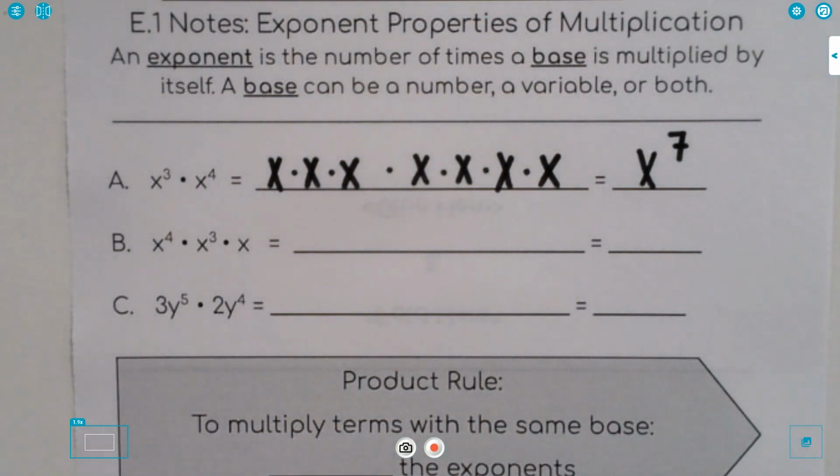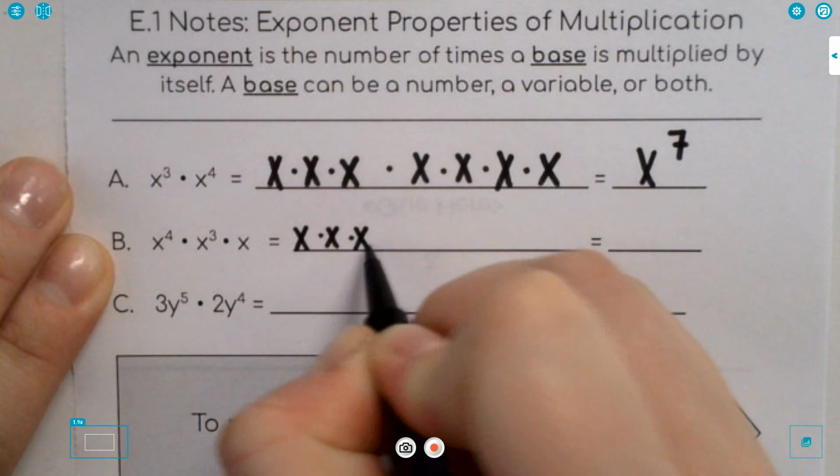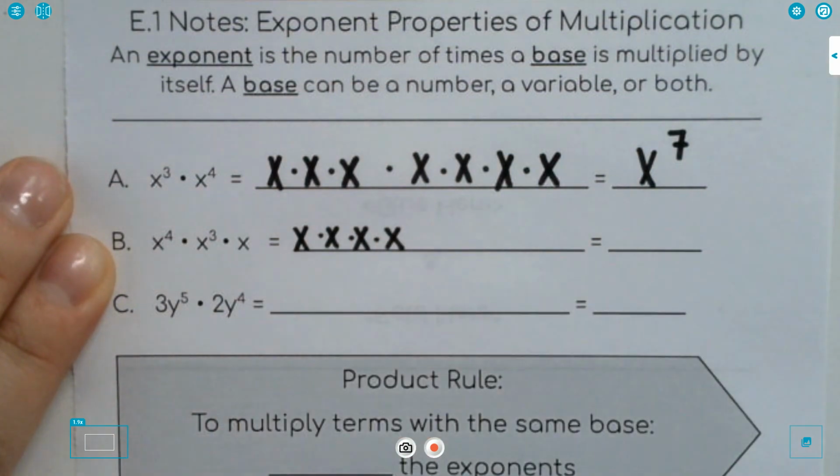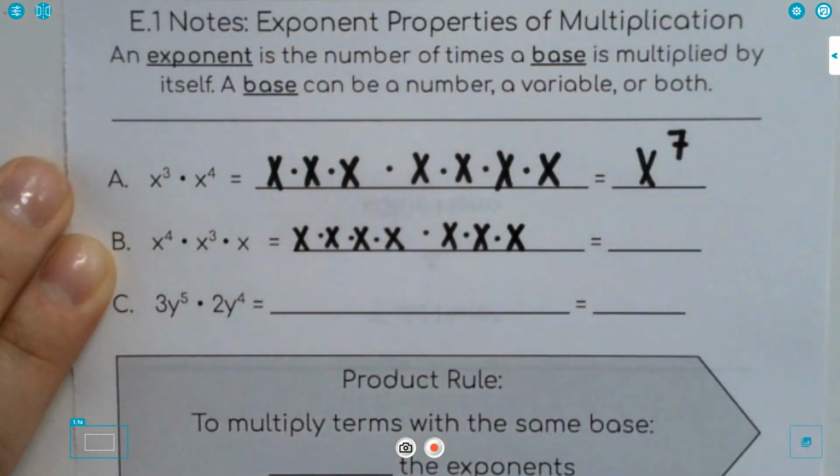Hey, this next one is super similar. We've just got that one extra x on the end. So I've got x to the fourth again. 1, 2, 3, 4. Let me write my x is kind of small. And I've got 3 of them. 1, 2, 3.